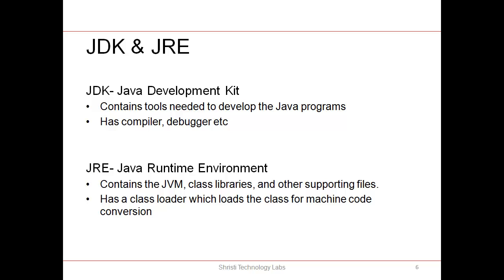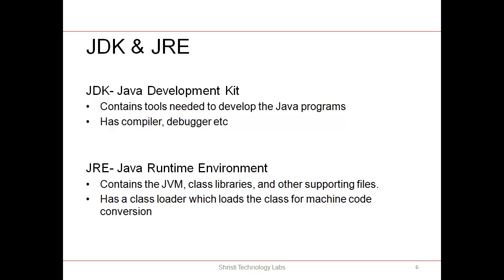It has got the JVM, the class libraries. These are the inbuilt class libraries and the other supporting files. JRE has a class loader, a bytecode verifier and the JVM. Inside JRE resides your JVM, which is responsible for converting your class file into machine code.